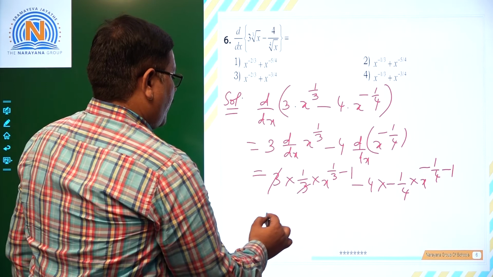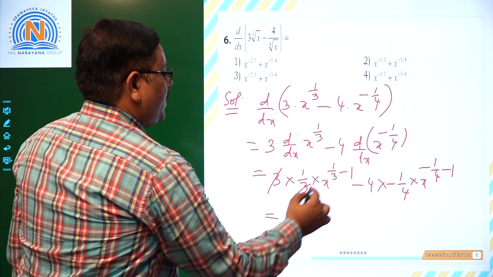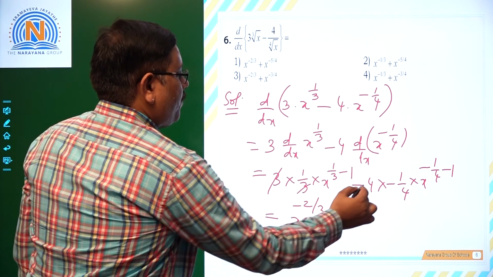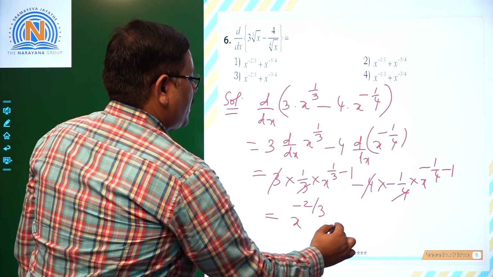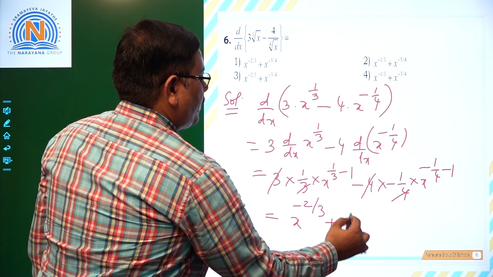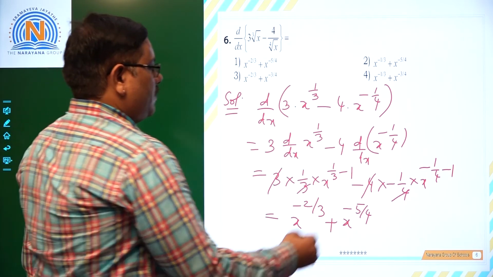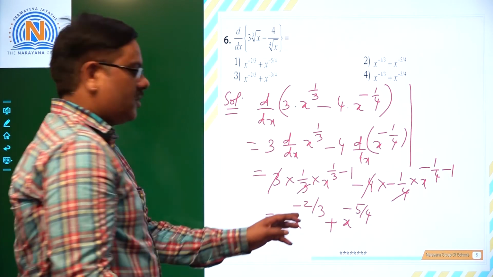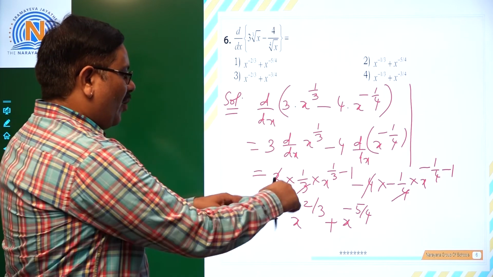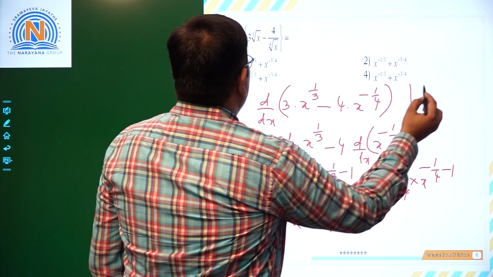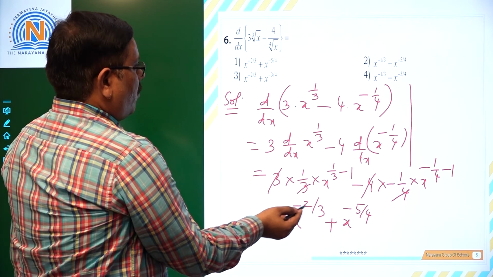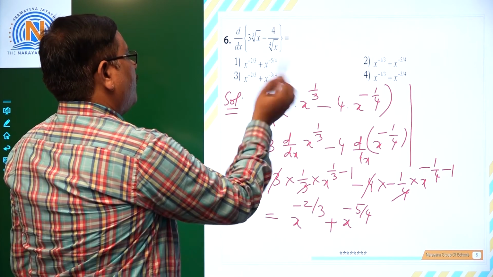Simplify that, 3 cancels, it is x power 1 by 3 minus 1, that is minus 2 by 3. So 4 cancels, minus into minus is plus, we have x power minus 5 by 4, right? If you want to write it with positive exponents, what to write? 1 by x power 2 by 3, or simply x power minus 2 by 3 plus x power minus 5 by 4 in the same form.